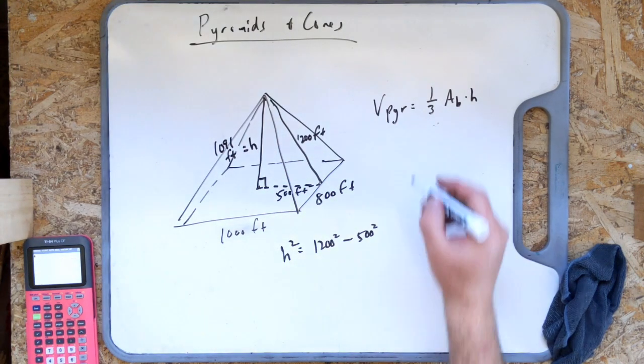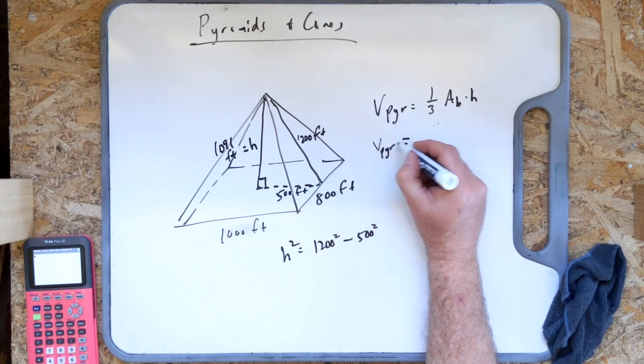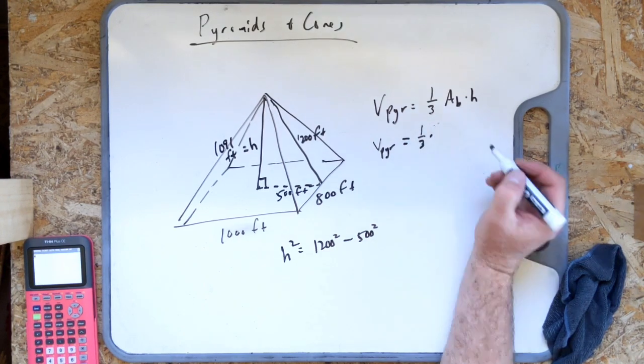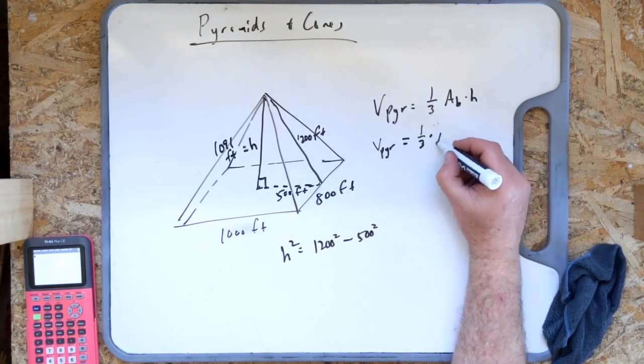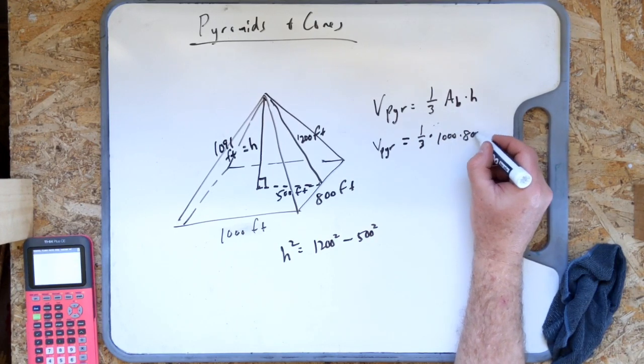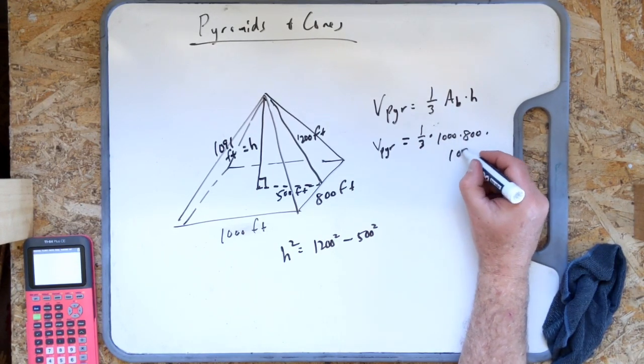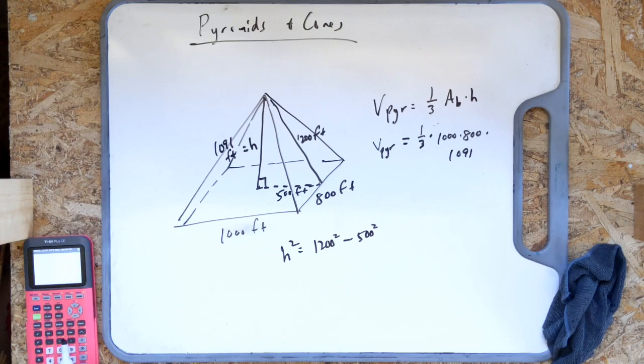Okay, now I've got my height. I can go out and find my volume of the pyramid, which is going to be absolutely huge. And so area of base will be 1,000 times 800 times the height, which is 1091, divided by 3.